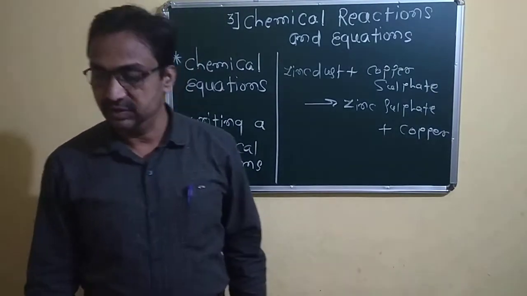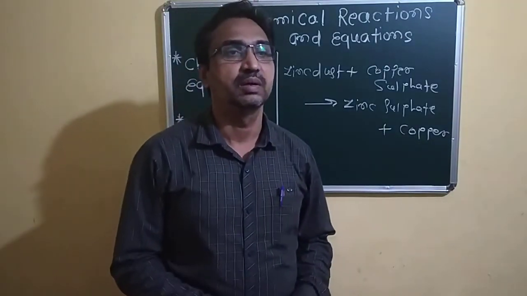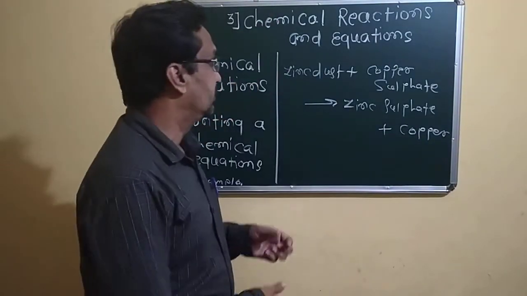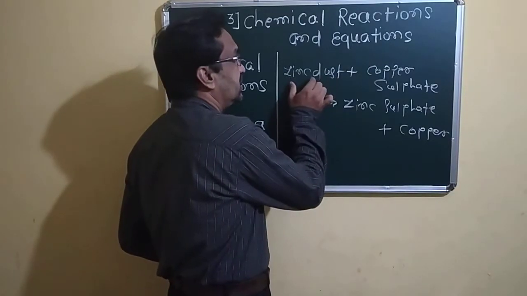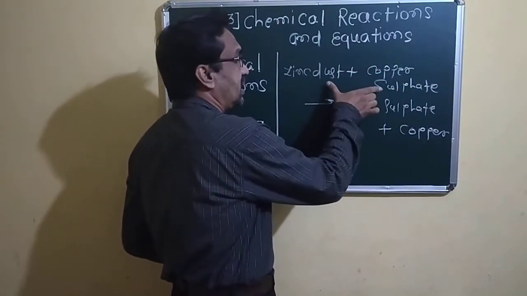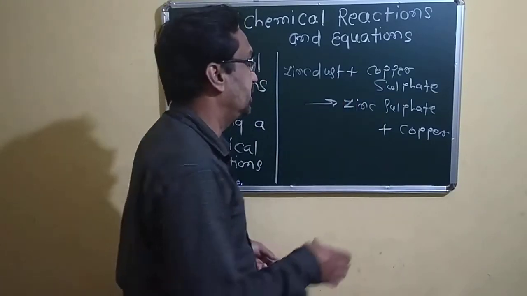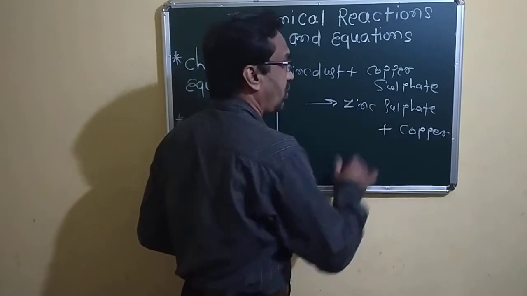So this is the way of representing a chemical reaction in words. We have used words. Zinc dust and copper sulfate are the reactants taking part in the reaction, and these are the products, zinc sulfate and copper.